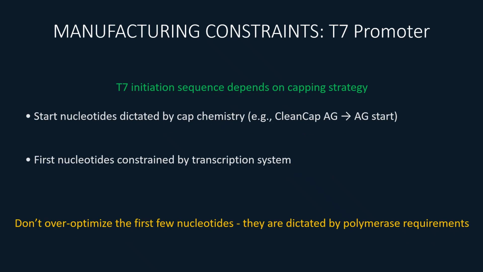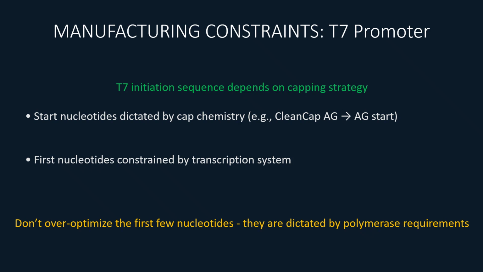I think historically, T7 transcription favored G-rich initiation sequences for high yield. But in therapeutic mRNA production, the start sequence is now largely dictated by the capping chemistry.